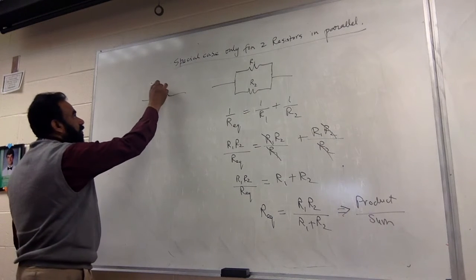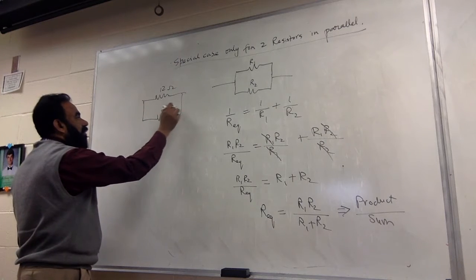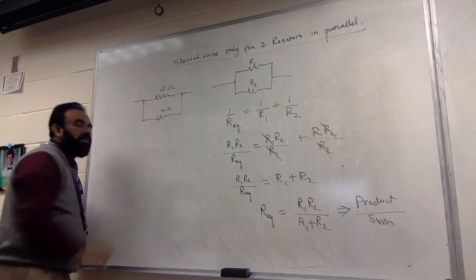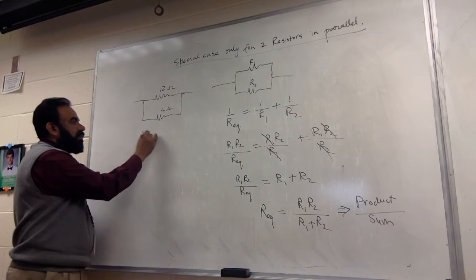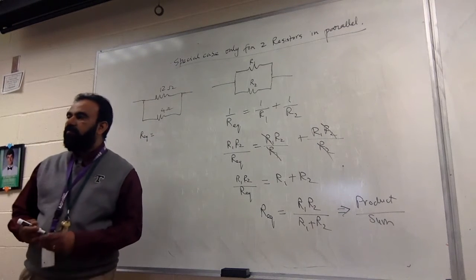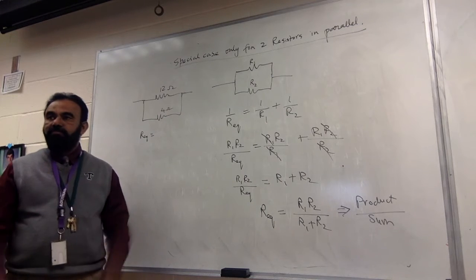Let's say this one is 12 ohms and you connect 4 ohms in parallel to it. What is the R equivalent for this? 3. So what do we do? Product over sum.